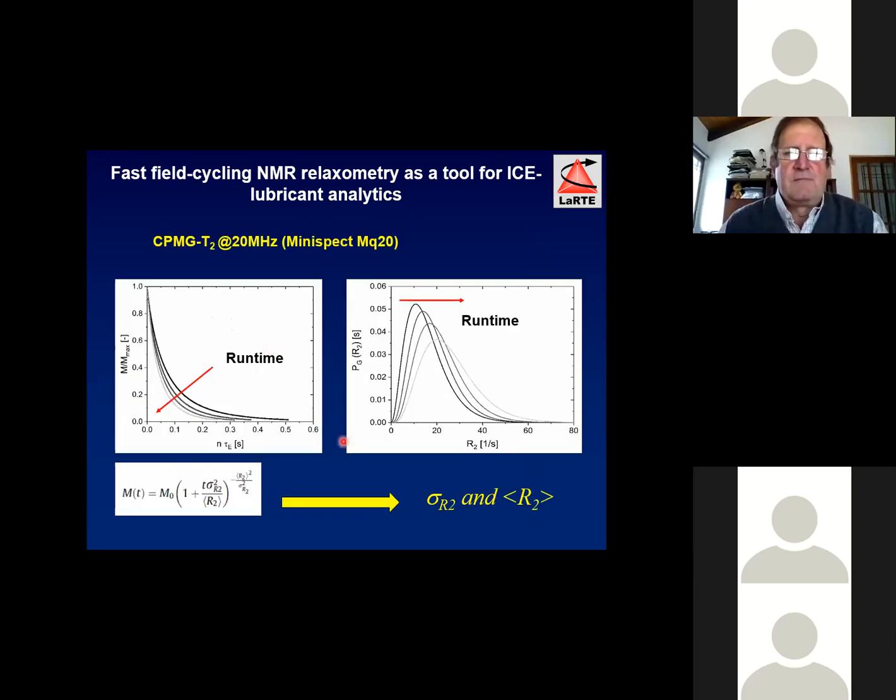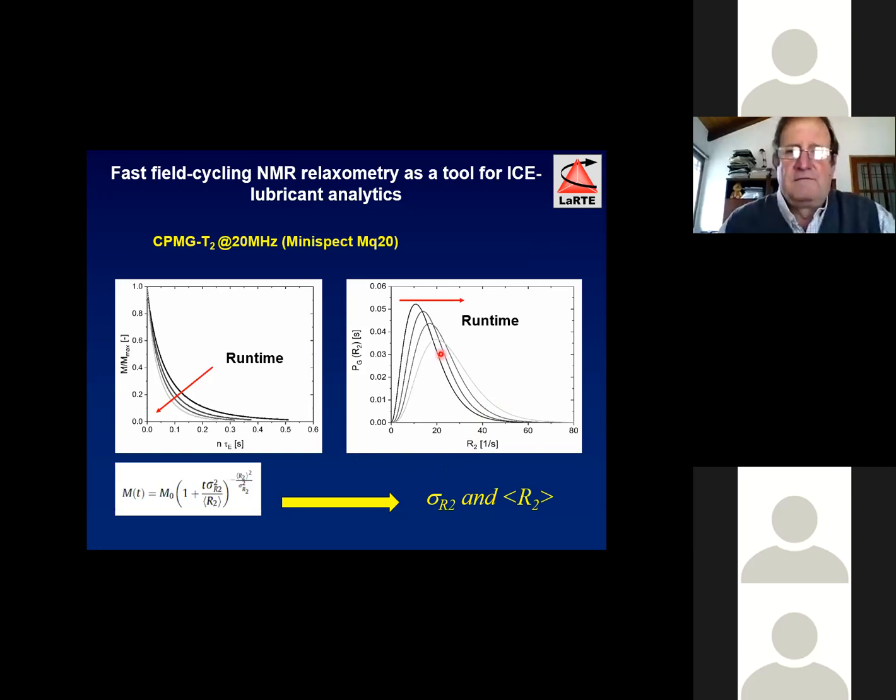Okay, and then we did the same experiments, T2 analysis with CPMG, in these oils, and we reproduced the result they already had before with other different lubricants. The behavior was exactly the same.